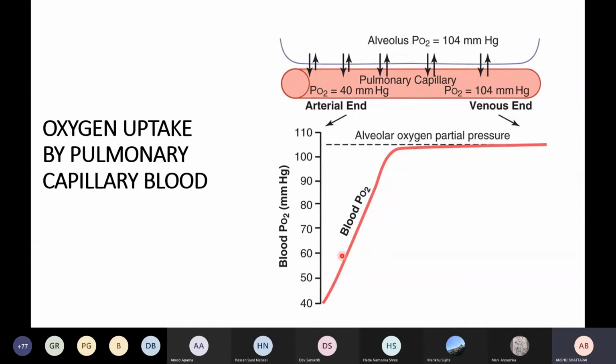Okay, and this rapid increase happens very quickly. As the blood passes through one third of the pulmonary capillary, the partial pressure reaches almost 104 millimeter of mercury. So this is how oxygen travels from the alveolus to the pulmonary capillary blood along the pressure gradient with a pressure difference of around 64 millimeter of mercury. So this is what this graph is showing you.